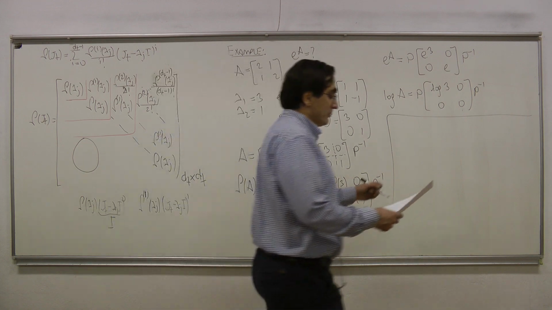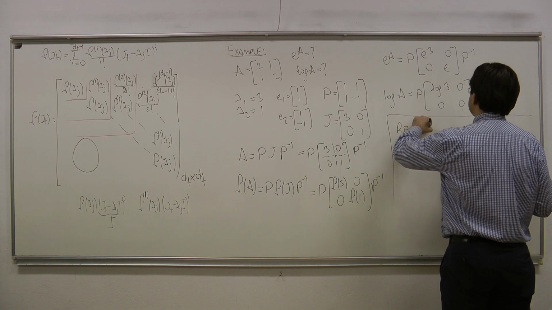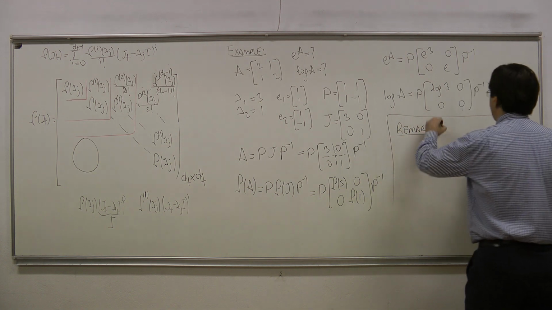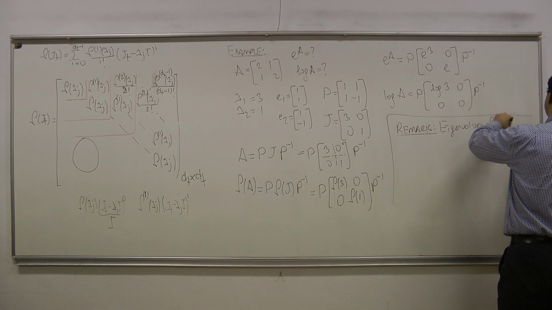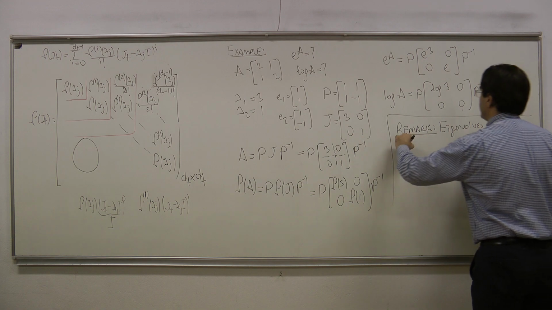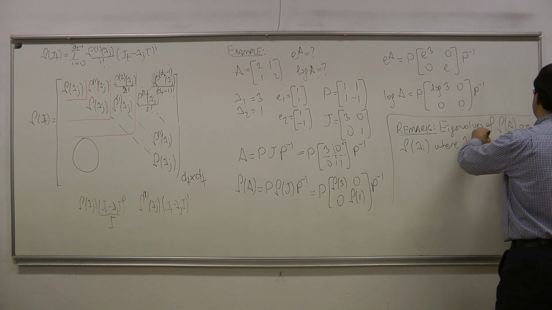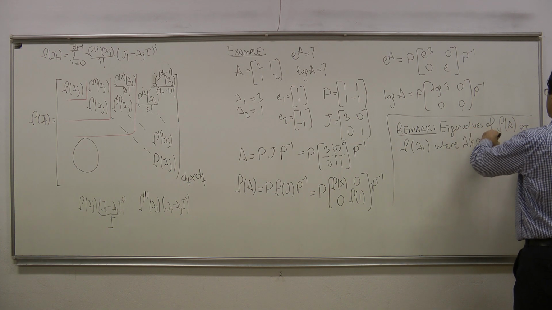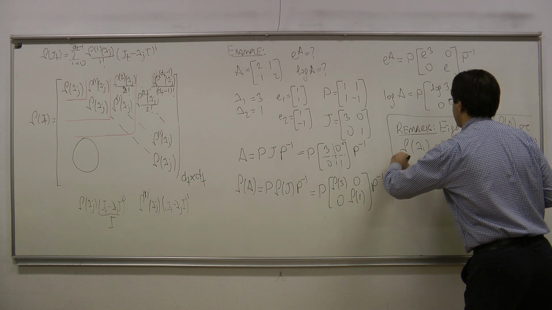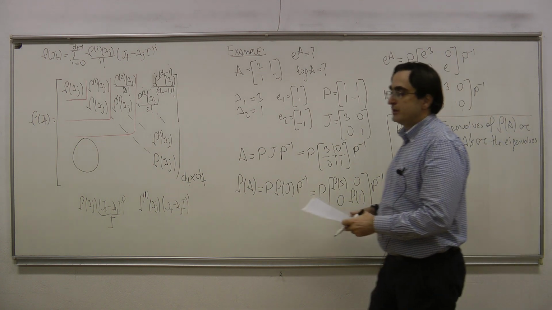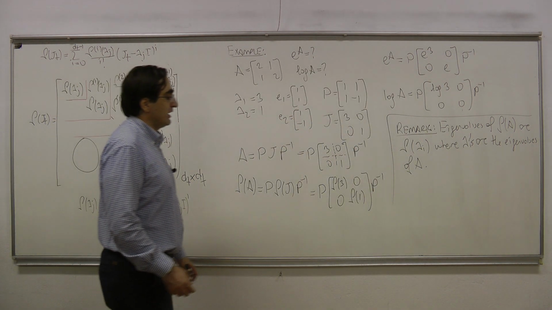So here I will write this as a remark. Eigenvalues of F of A are F of lambda i, where lambda i's are the eigenvalues of A. This fact will not be dependent on whether the Jordan canonical form is diagonal or not.